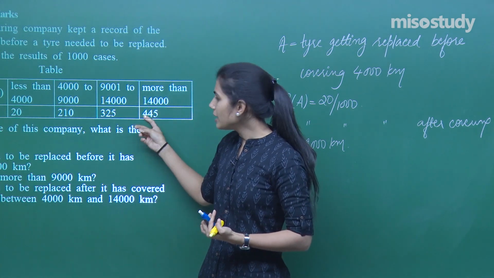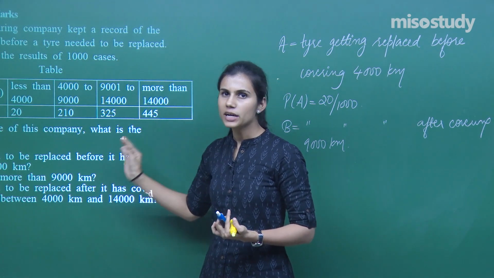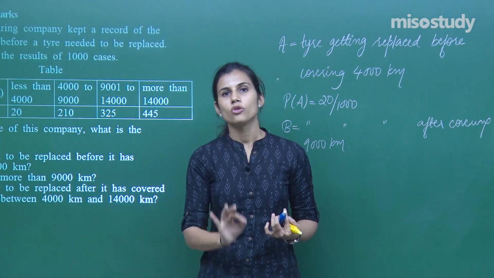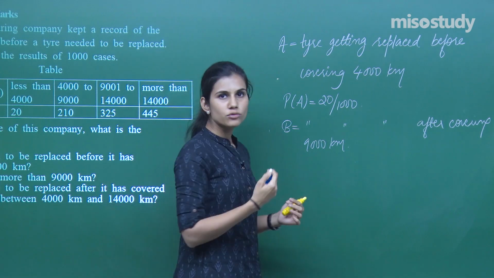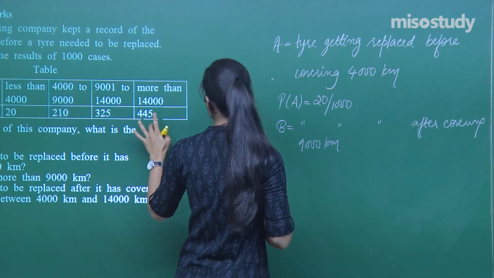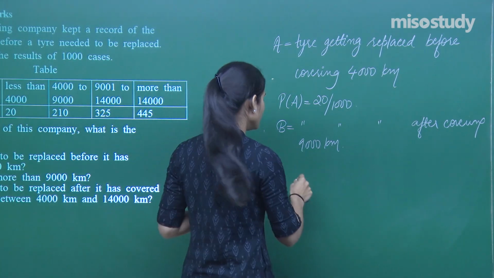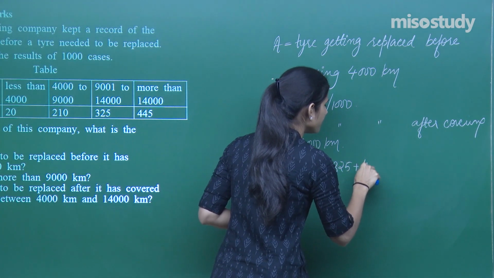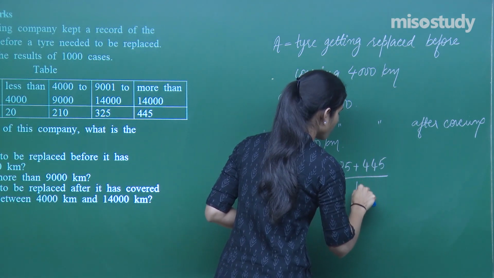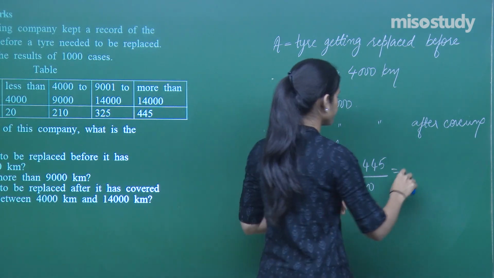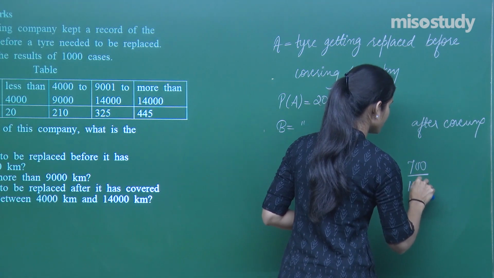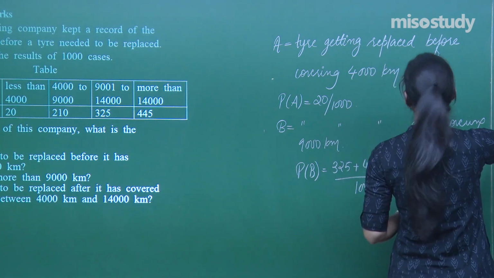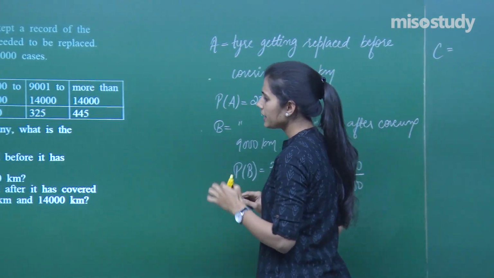So 325 plus 445 is the number of tires which are getting replaced after covering 9000 kilometer distance. So out of 1000 tires, 325 plus 445 tires favor my event B. So probability of event B is 325 plus 445 upon 1000, which is 700 upon 1000. Clear?